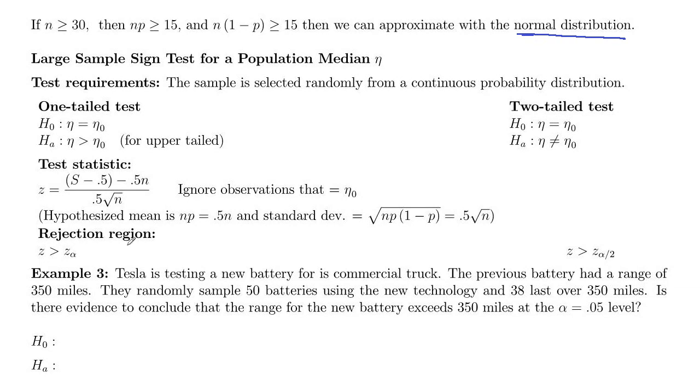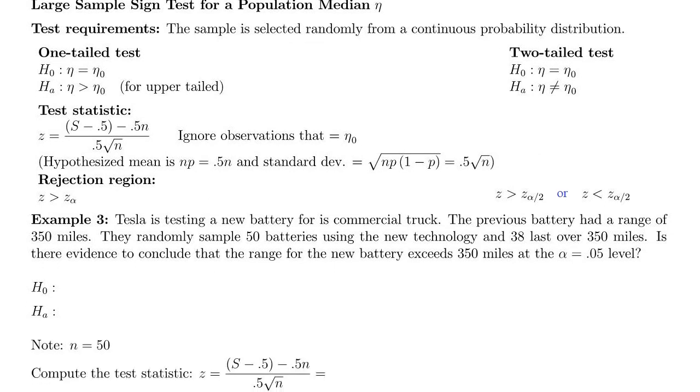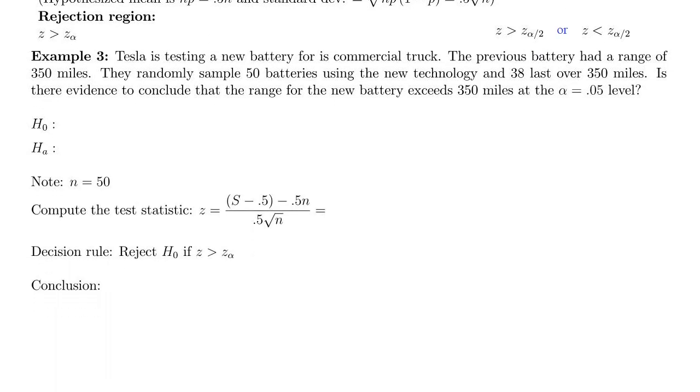And then our rejection region is going to be z greater than z alpha. So we'll have to be given alpha. Or if you've got a two-tailed test, z greater than z alpha over 2, or less than negative z alpha over 2. Like so. So let's go ahead and carry out an example here.